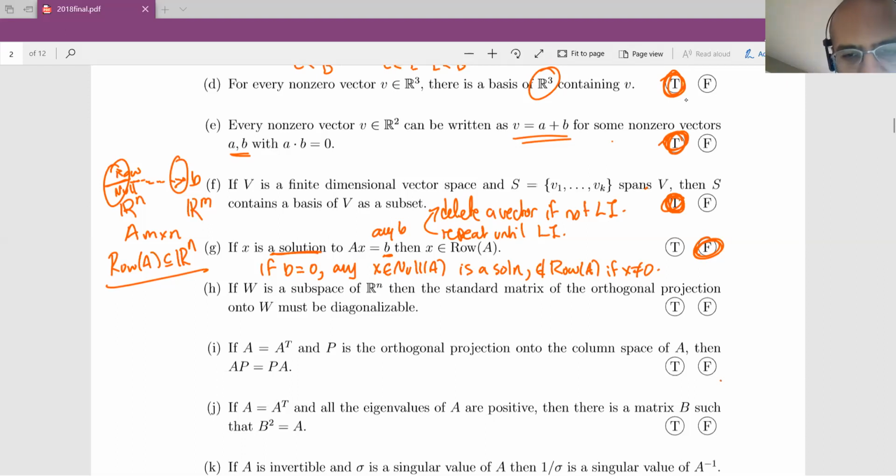It's relating a number of concepts: the standard matrix of an orthogonal projection, and diagonalizable. So the first thing in any question is to make sure you understand all the words. These are the words, actually four words.